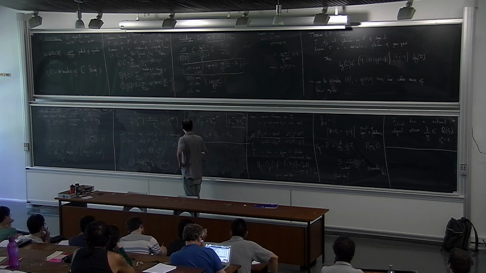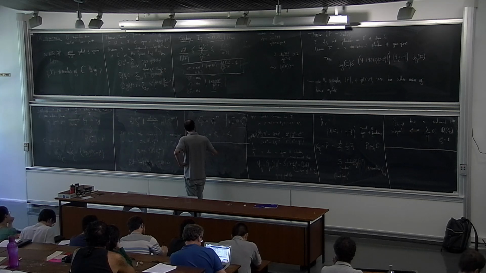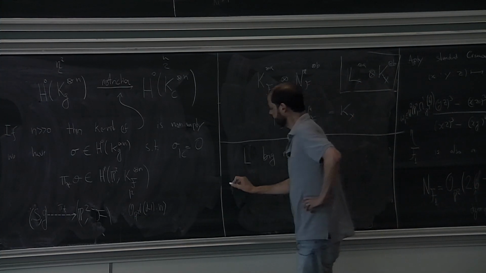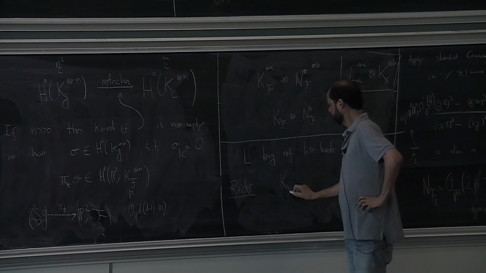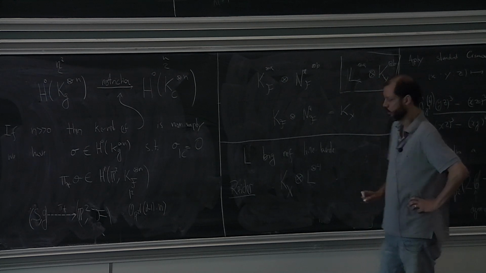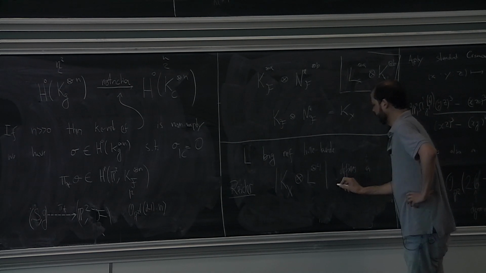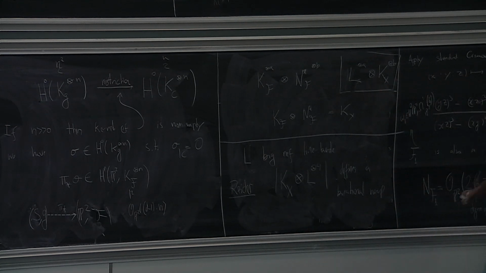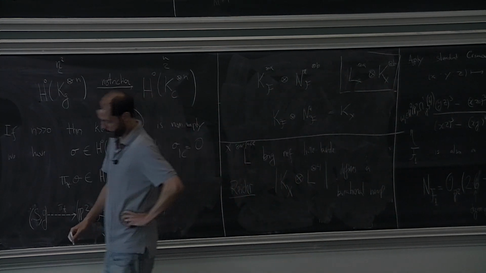There are theorems that say that if I have L, a big and nef line bundle, then there is this theorem of Reider, which says that Kx tensor L tensor 4, this linear system defines a birational map to its image. Here it is for a smooth projective surface. Okay? Very good.